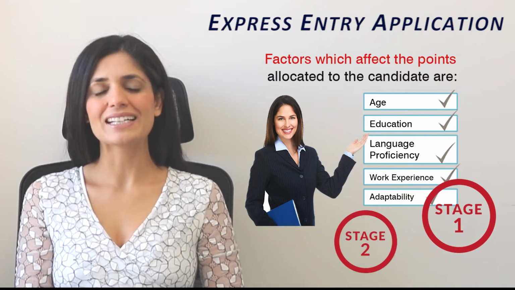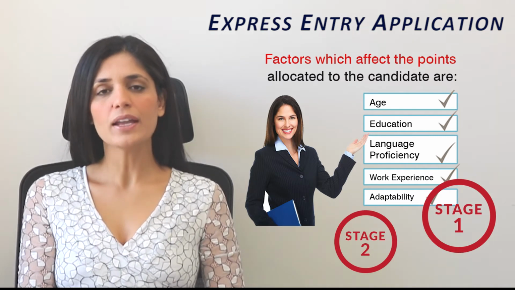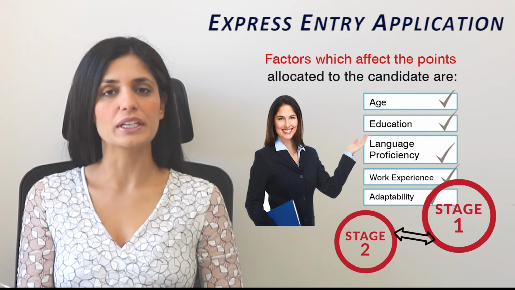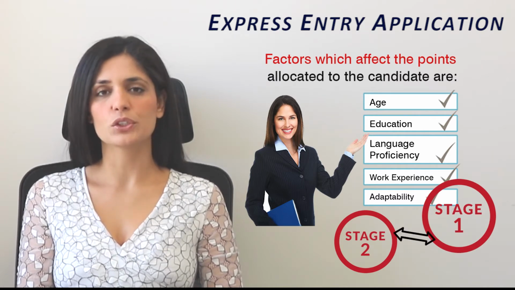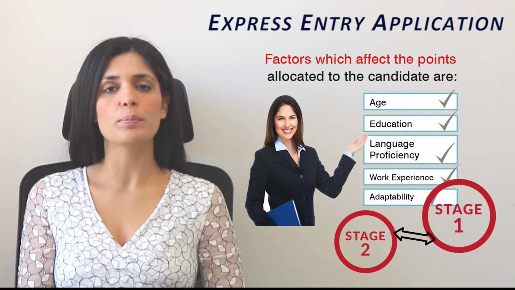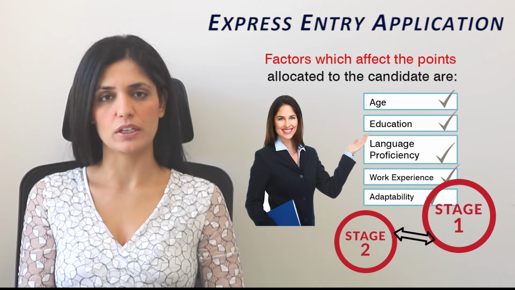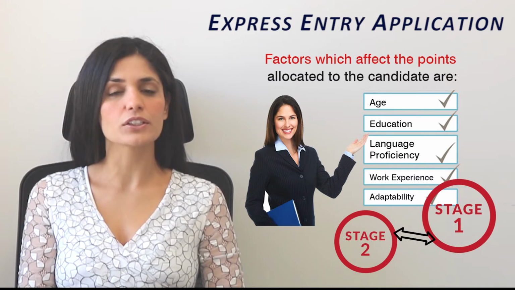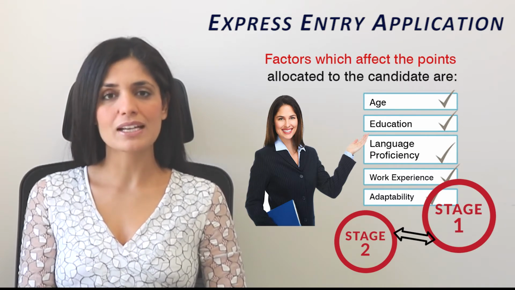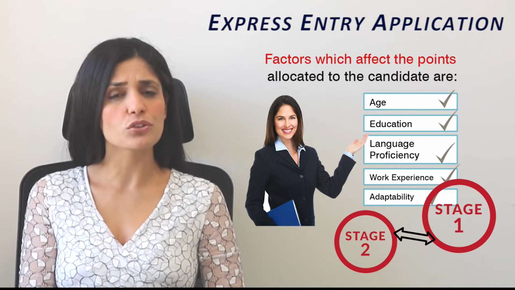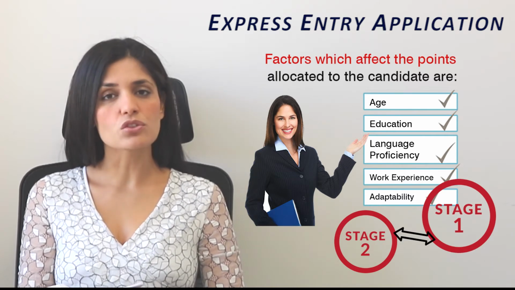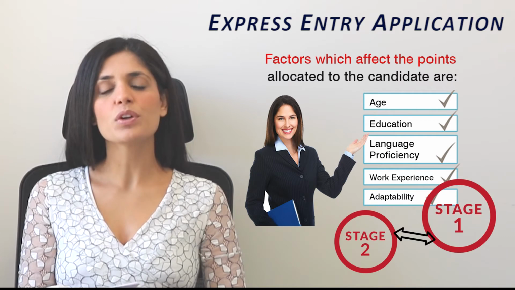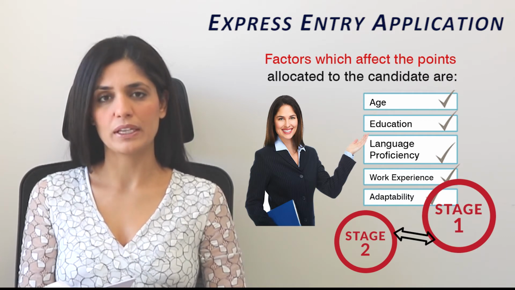So when we are at stage 2, that application is basically proving everything that you put in stage 1. As I stated earlier, stage 1 is all about filling a very detailed questionnaire. It's answering all types of questions from your eye color to your height, to your first and last name, your marital status, your address history, your work history, etc. When you get an invite, that's where all the documentation comes into play.